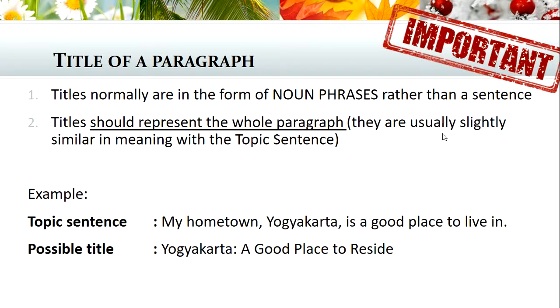Noun phrase, if you are wondering what is noun phrase, we have learned noun phrases in grammar class previously. Noun phrases are a combination of words forming a noun. Noun, for example, car, that is a word, a noun, car.